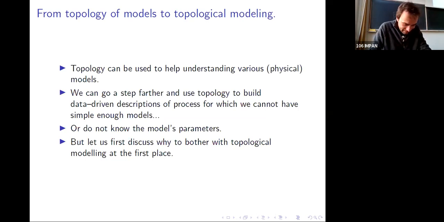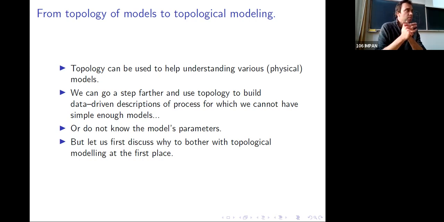So I want to put a little bit of criticism on some of the applications of mathematics, in particular in biological systems. Ever since Sir Isaac Newton, we have been trying to build models of various systems.